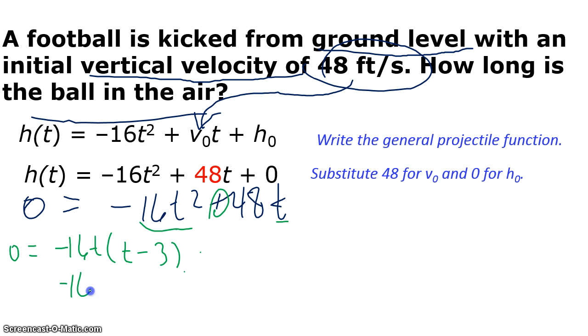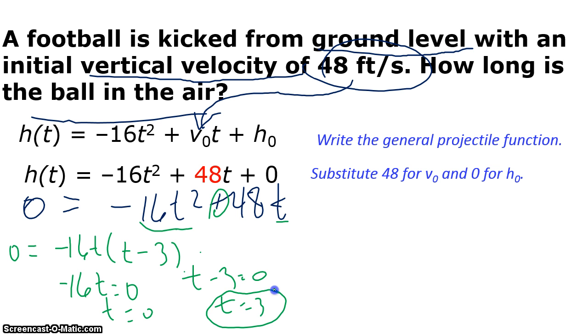So let's just solve it. Either the negative 16t equals 0, so we know that would be 0, or the t minus 3 equals 0, and that would be 3. So how long was the football in the air? Okay, did you tell 3 seconds?